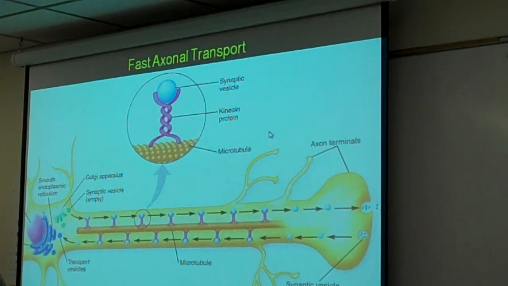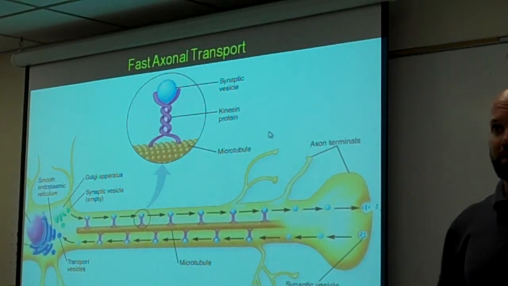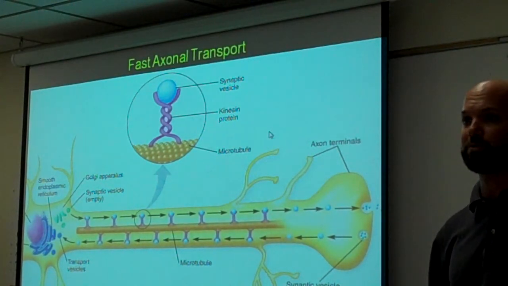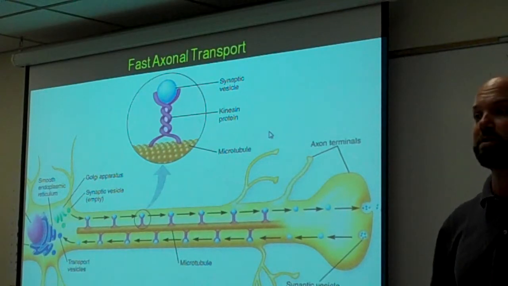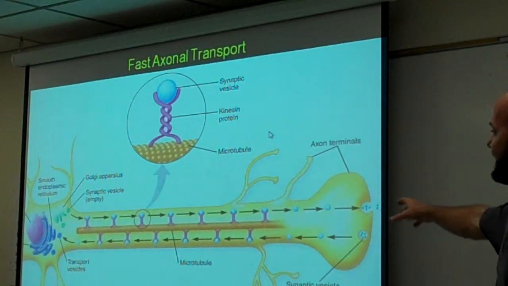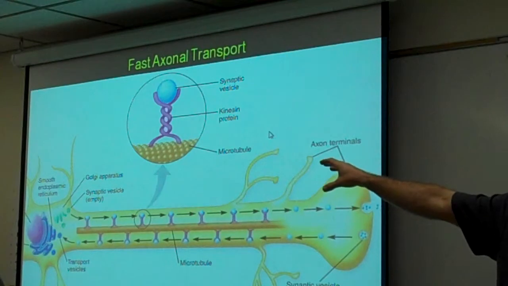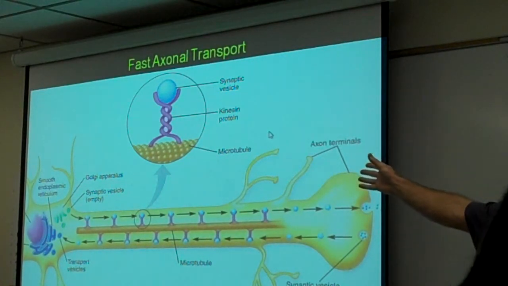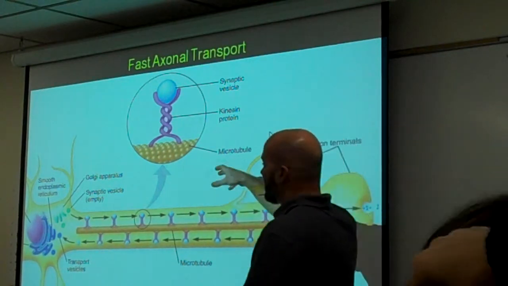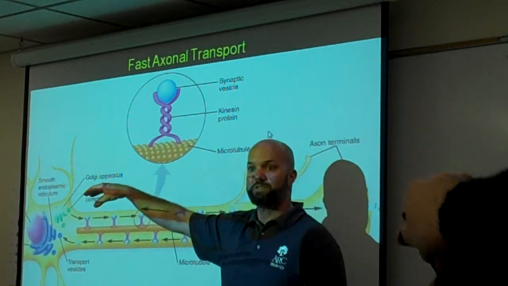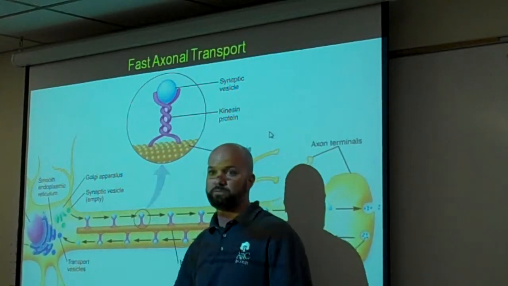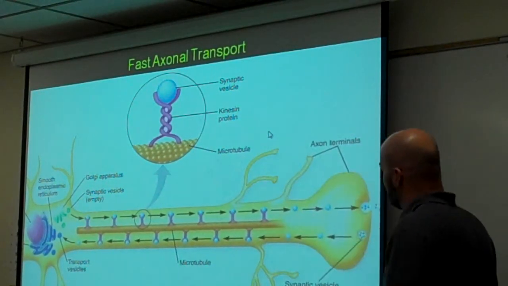Unfortunately, there are some bacteria, some viruses, that have figured out how to manipulate axoplasmic transport to bypass the blood-brain barrier. If the axon is in the peripheral nervous system, in which case it's exposed to blood, and say the cell body is in the central nervous system, either the brain or the spinal cord, maybe it's a sensory neuron, could be motor, doesn't matter.